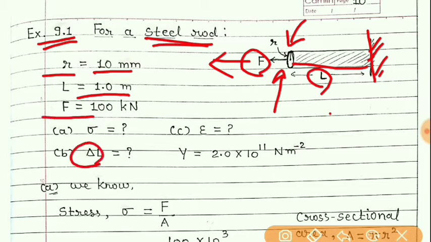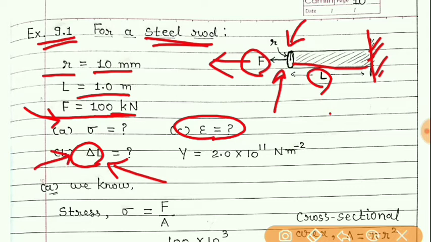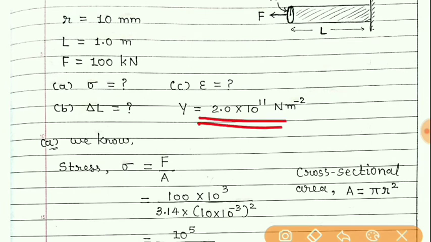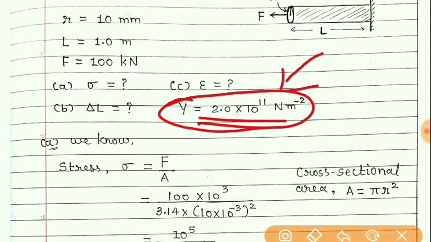So here the force applied is 100 kilonewton and we want to find the stress produced in the rod, the strain in the rod, and the change in the length. Young's modulus for steel is given here. Students, Young's modulus for different materials is given in a table in your textbook. So this value will be given to you.